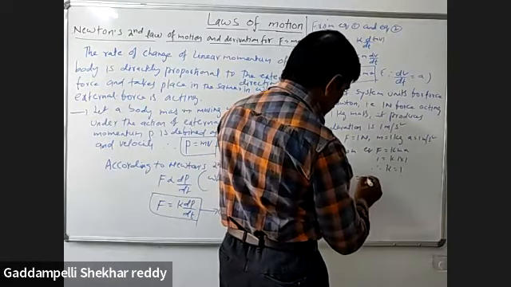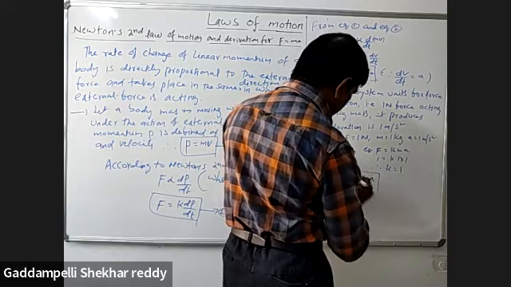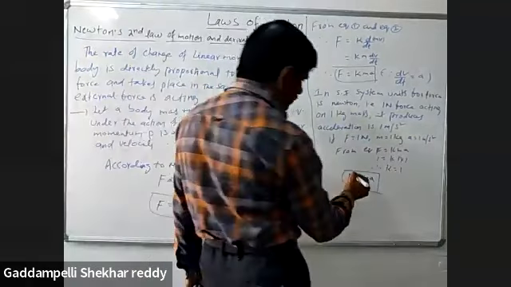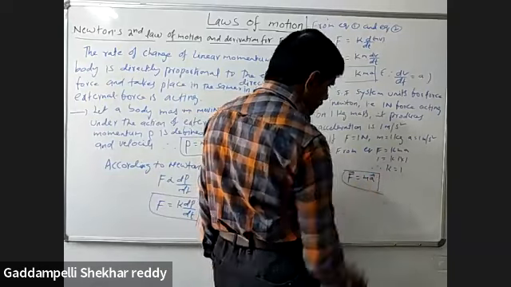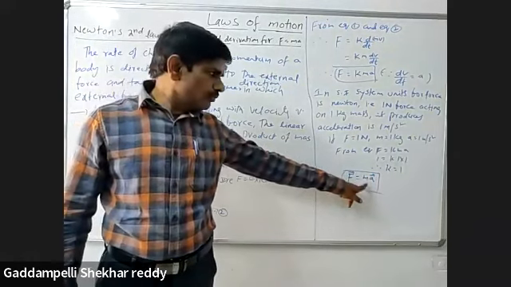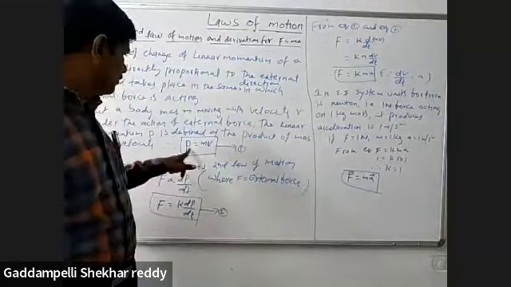Substituting this value in the equation, F is equal to ma. Here force is a vector, so we have to write F bar, and acceleration is also a vector, m a bar. So this gives force is equal to mass into acceleration, or force is equal to dP by dt.